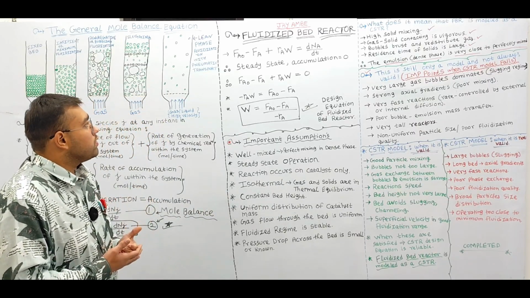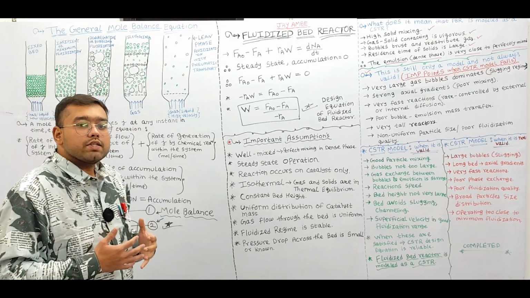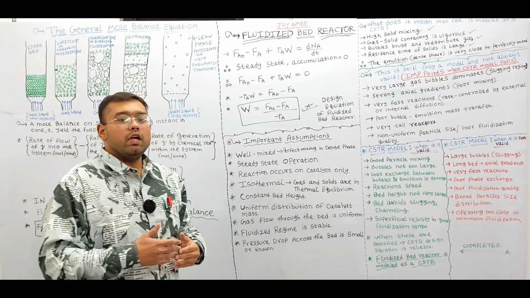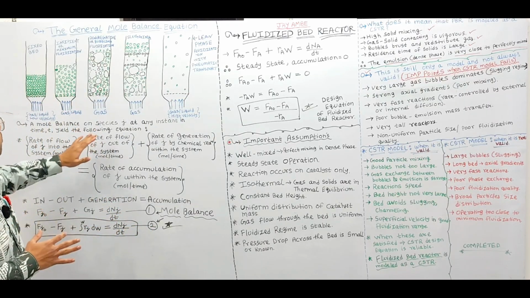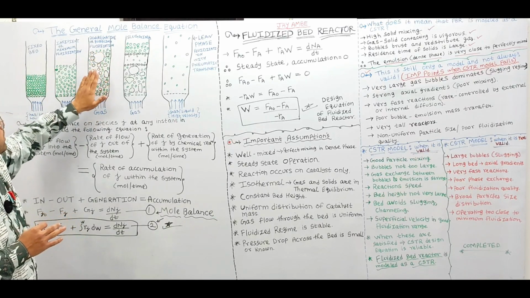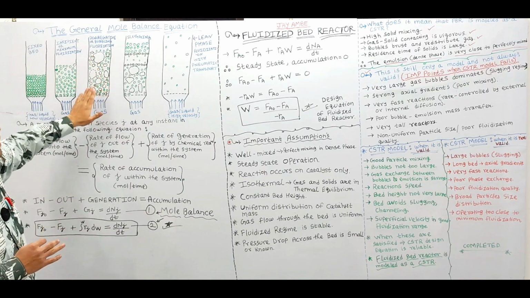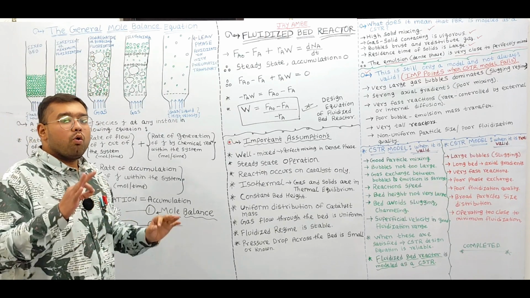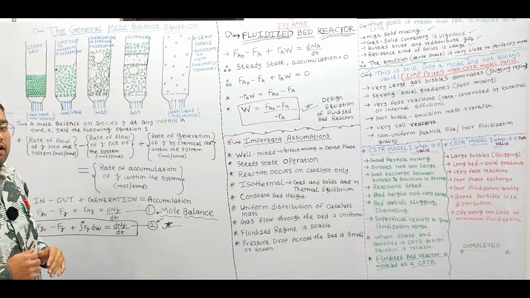Okay, in order to derive the design equation of the idealized fluidized bed reactor, we consider steady state operation, right? During steady state operation, the accumulation term will be equal to 0, which means there are no chemical species accumulating inside the reaction environment in the fluidized bed reactor, which means all the chemical species are exiting the fluidized bed reactor.